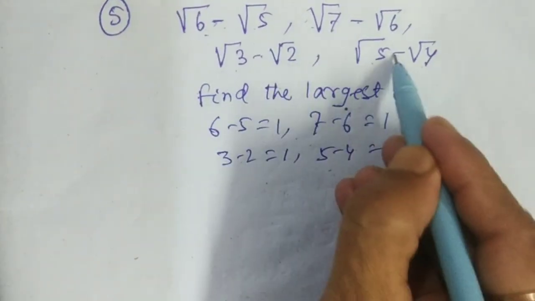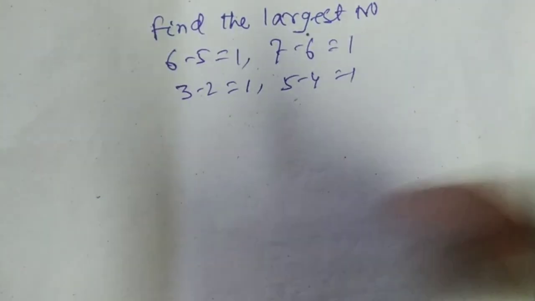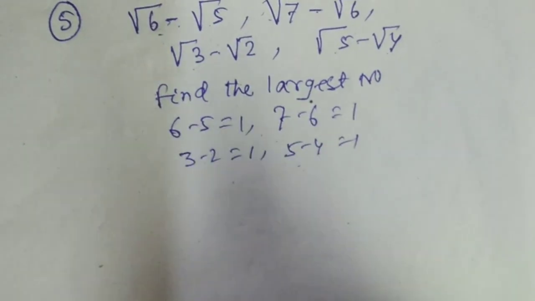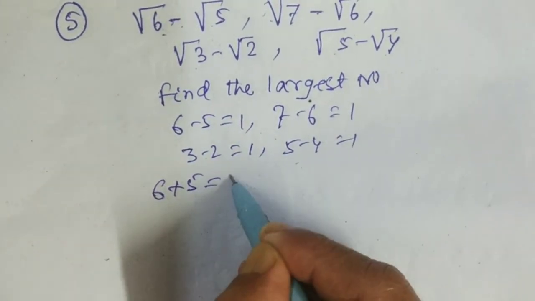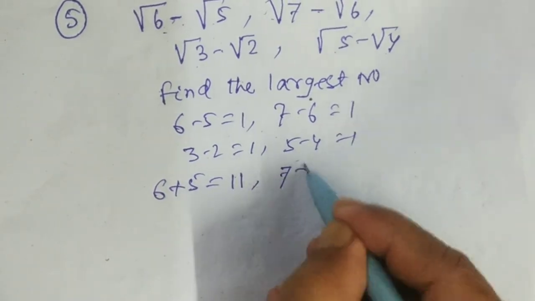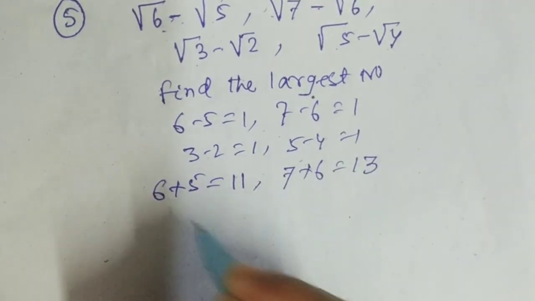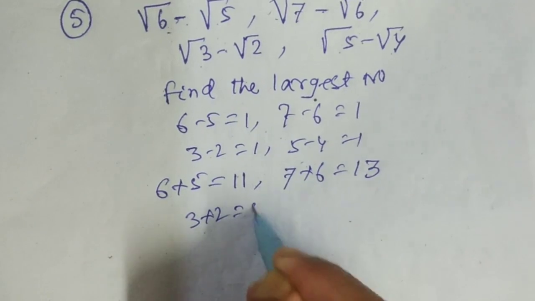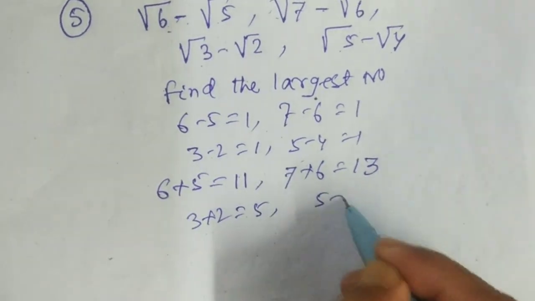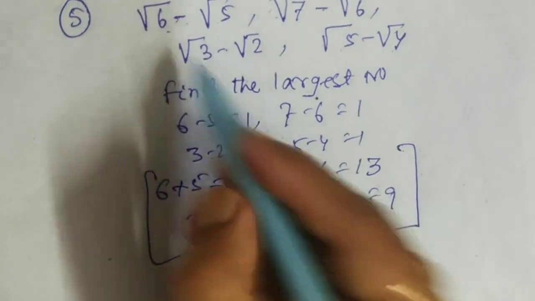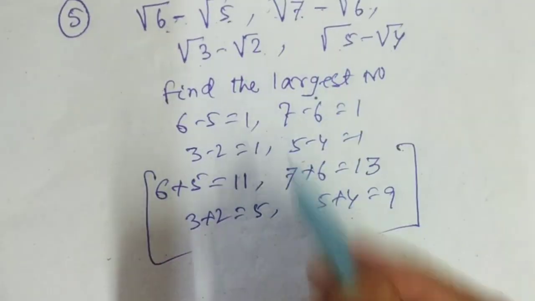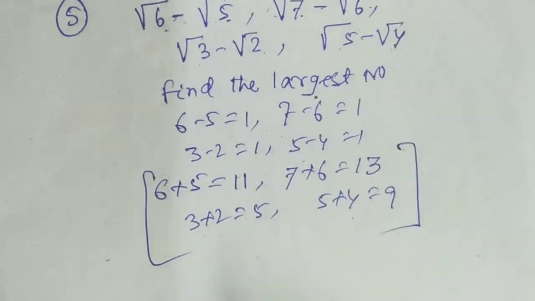Just add all these numbers. 6 plus 5 is equal to 11. 7 plus 6 is equal to 13. 3 plus 2 is equal to 5. And 5 plus 4 is equal to 9. Just add the numbers. This is a short trick. Within seconds you can give the answers.